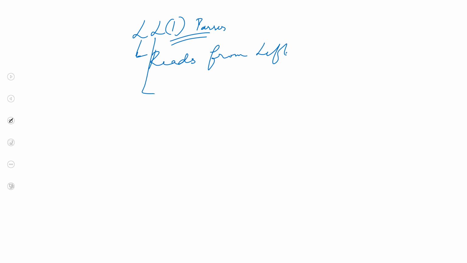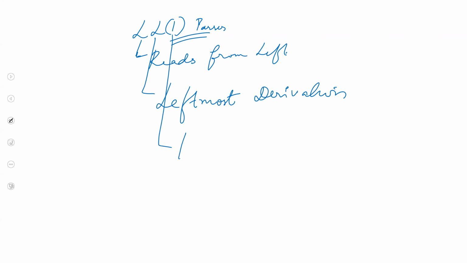The second L tells you it is a leftmost derivation. And the 1 tells you one character at a time. So this is what LL1 parser means: reads from the left, leftmost derivation, one character at a time.